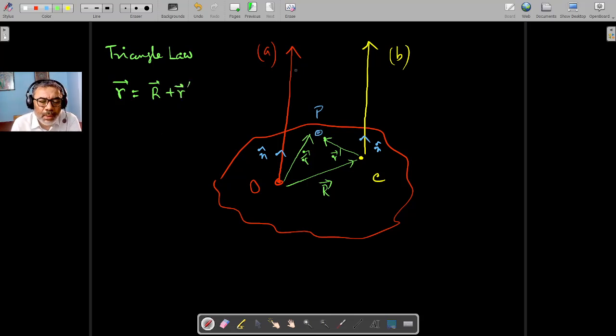Now let us start with IA, the moment of inertia when it is rotating about axis A.